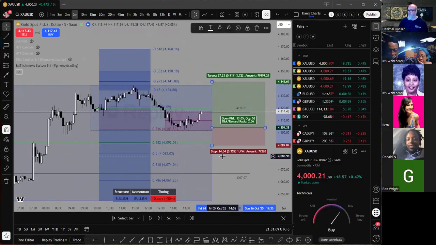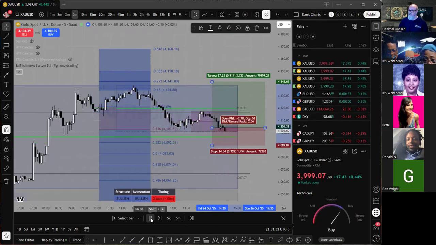So there's several ways to play it. And that's how the 1-2-3 works for me. But now I'm not even using the fib, but I love the 236 level. It came in, tested it once, tested it twice, 3 times. It failed to keep price. It let price pass.